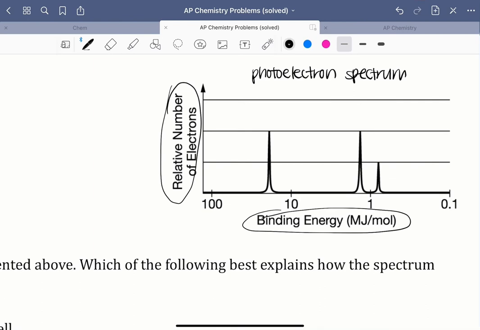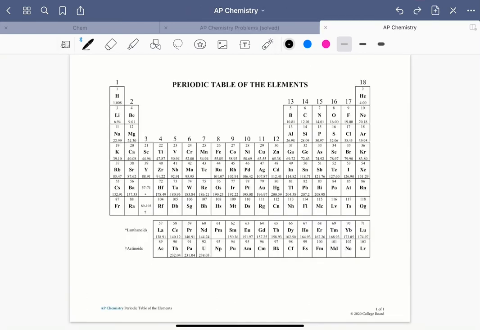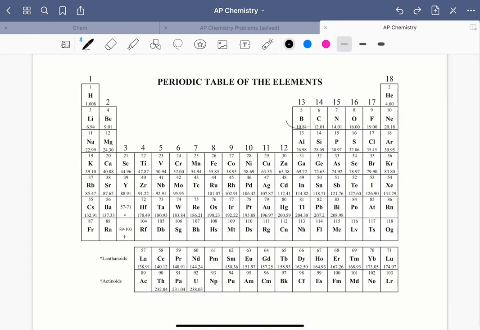And a photoelectron spectrum is always based on the electron configuration of that element. Since this is representing the element boron, we're going to take a look at the electron configuration of boron. So boron is here.